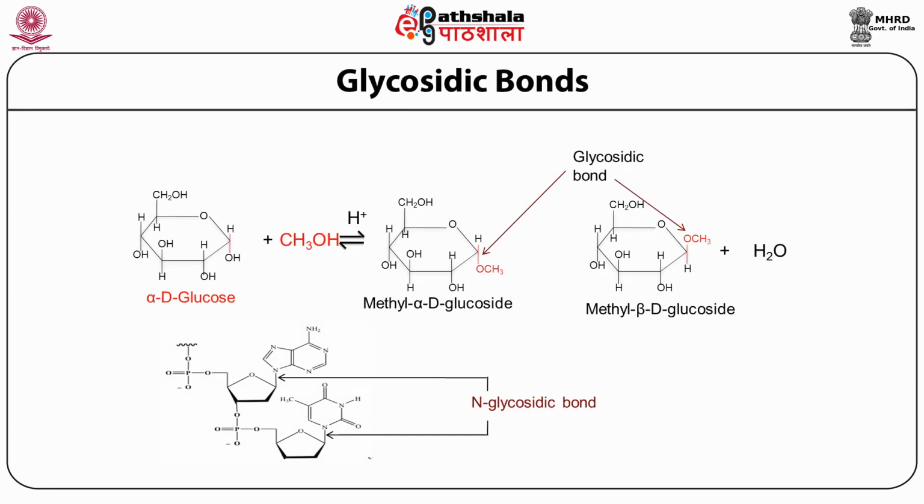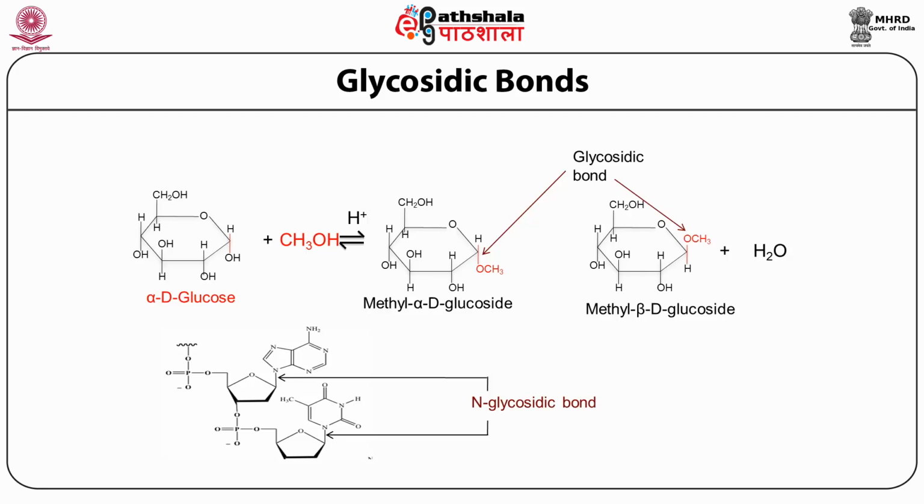We've already seen how two monomers can be linked to each other by the formation of a glycosidic bond. So an alpha-D-glucose can react with methanol to give rise to methyl alpha-D-glucoside or methyl beta-D-glucoside, and then these two molecules can be linked to each other by the formation of a glycosidic bond.